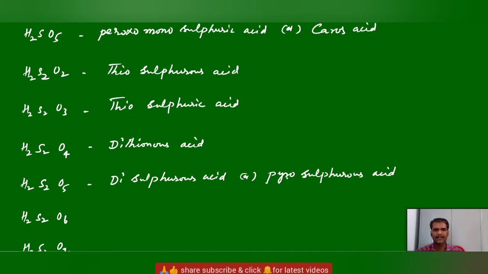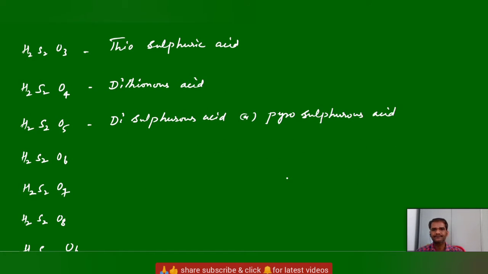Disulfurous acid or pyrosulfurous acid. H2S2O6, this is dithionic acid, not disulfuric. O4 is dithionous, and this is dithionic acid.